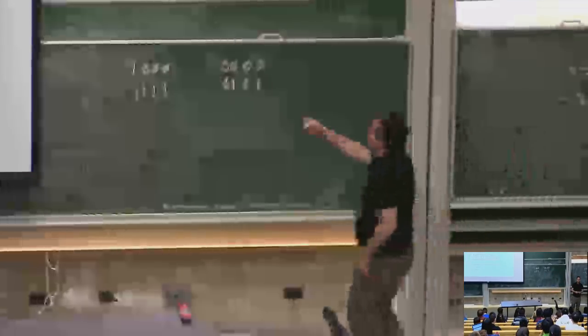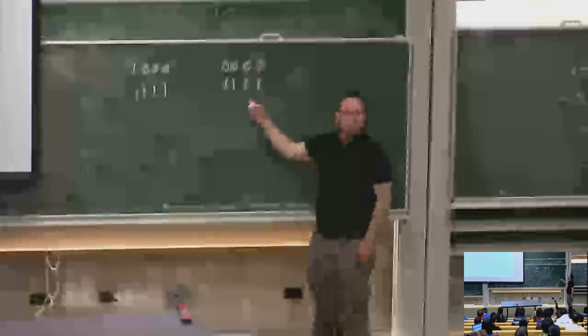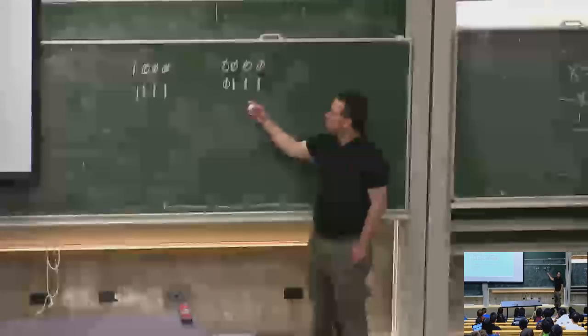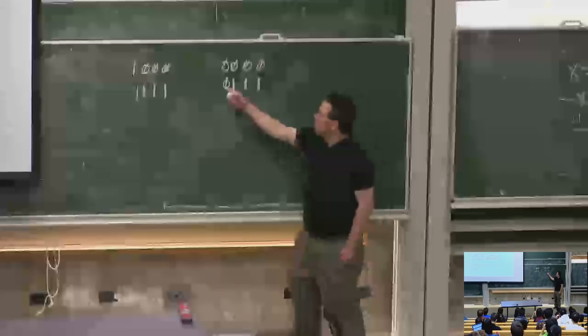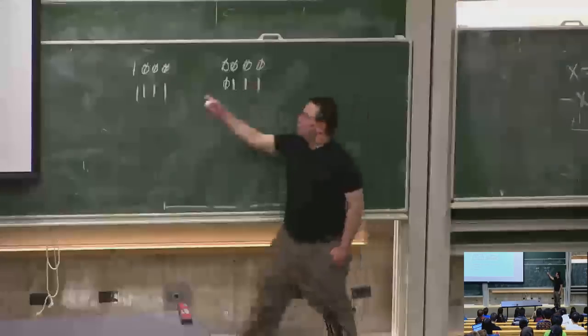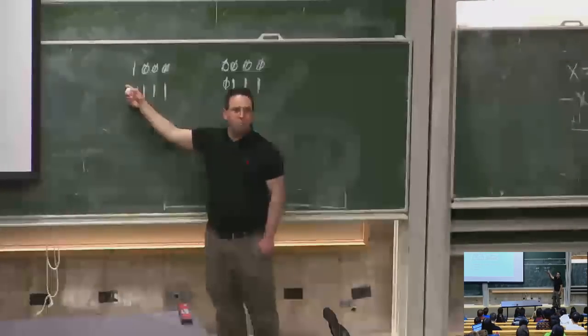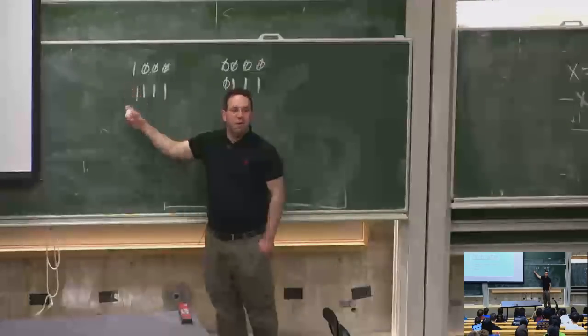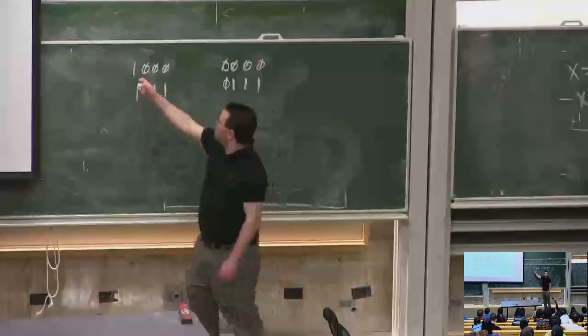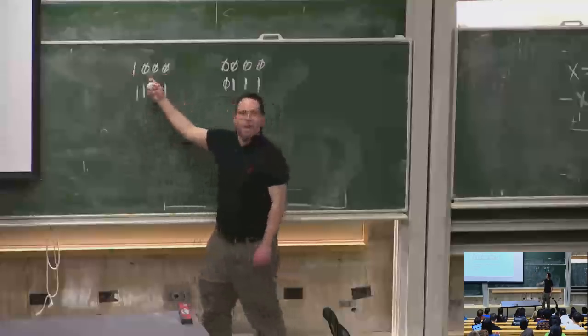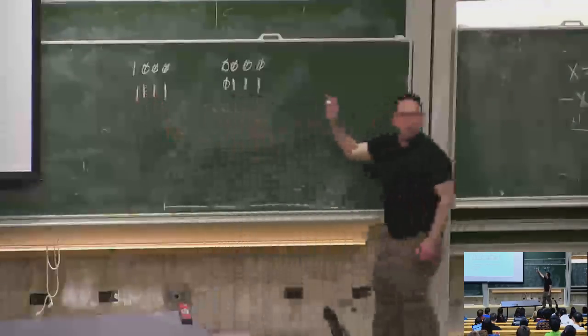Do you agree? If you add 1 to this positive number, the largest positive number, you get 1, 0, 0, 0, which brings you here. That would be the most negative number. Because remember how this works. This is the most negative number, and as we add things to it, we bring it closer to 0.